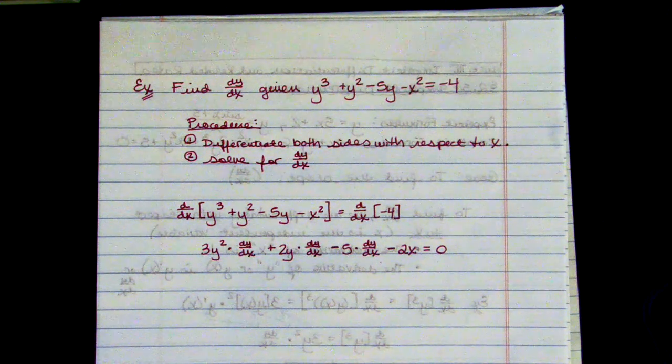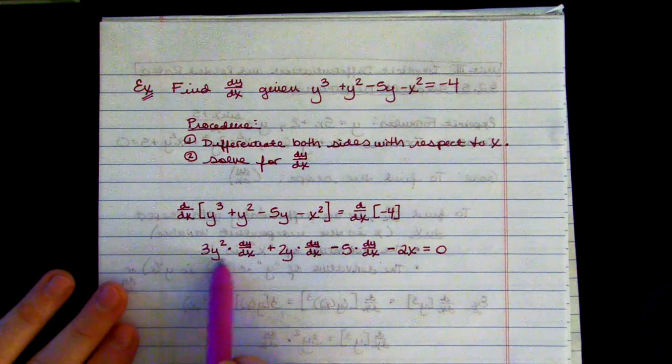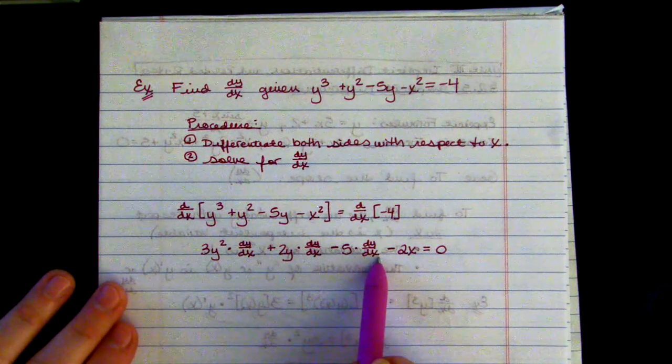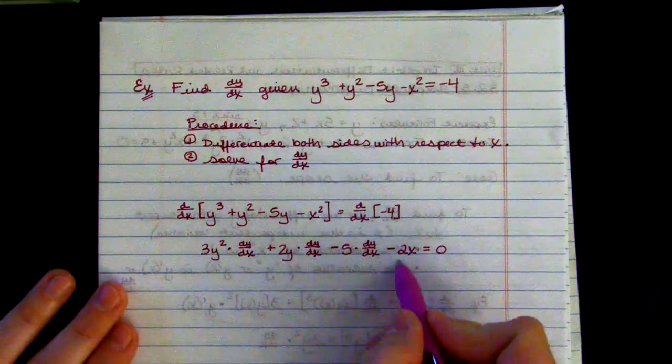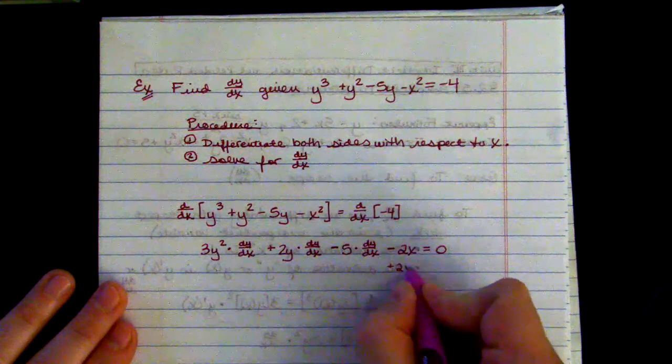To make this happen, I need to get the terms that have a dy/dx on them on one side, and the terms without on the other. How about I take this minus 2x and just add that to both sides?